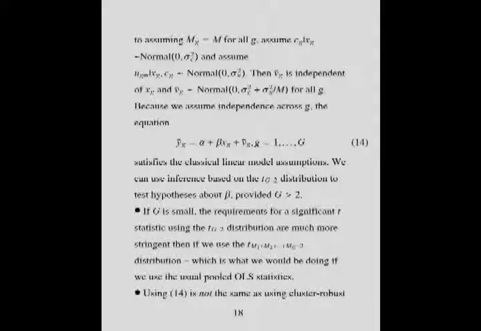Once we have that, we can decide whether we want to do approximate inference or exact inference. If we want exact inference, then we can assume that the individual-specific errors are also normally distributed, but we would also have to assume that the group sizes are the same. So in that case, this averaged error would have a normal distribution, and because the group sizes are the same, it's a homoscedastic normal distribution.